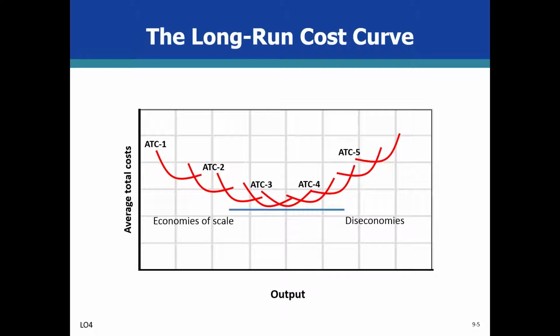Suppose a manufacturer with a single plant begins on a small scale at average total cost 1 on the left-hand side of the chart, and as the result of successful operations, continues to increase capacity within the single plant, ultimately achieving an average total cost position represented by the blue line at average total cost 3.